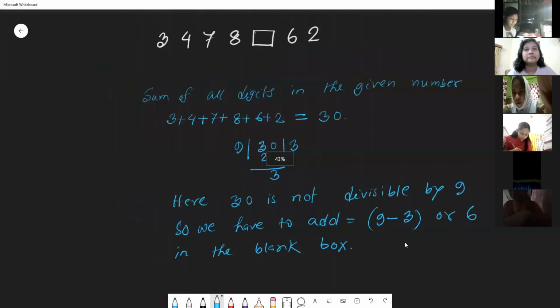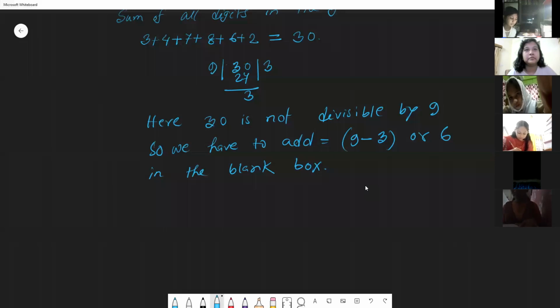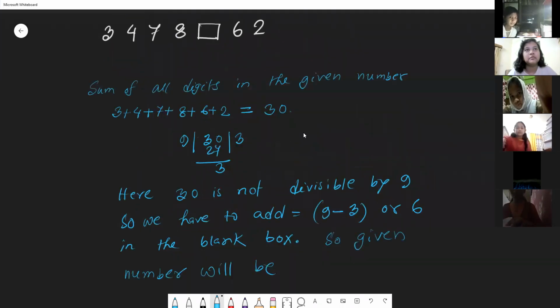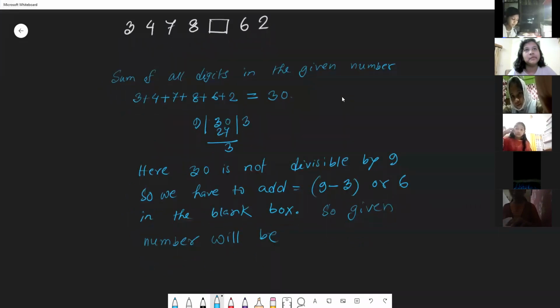So our answer is now right here. The given number will be 3478, and the blank box inside the number will be 6, then 62.